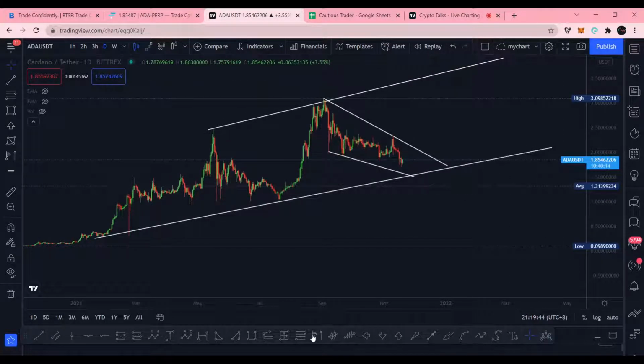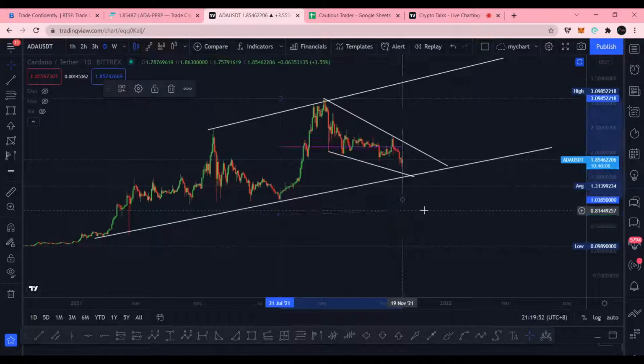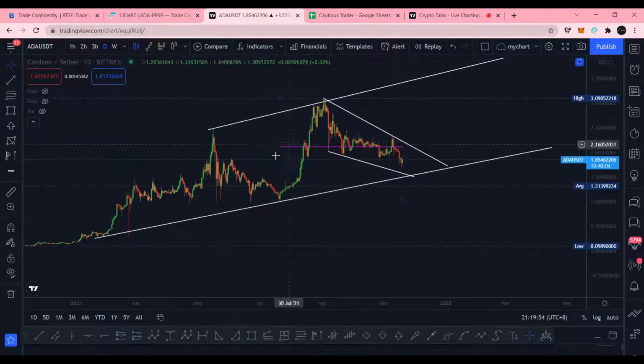I'll add a volume profile so that at least you will know at what prices most of these transactions have been made. So I'll just use this one.